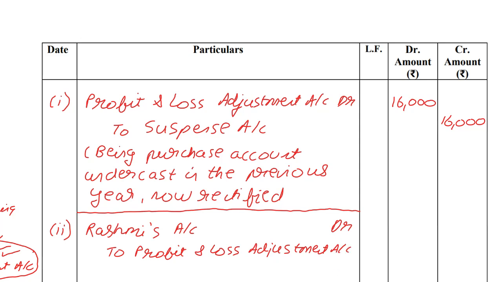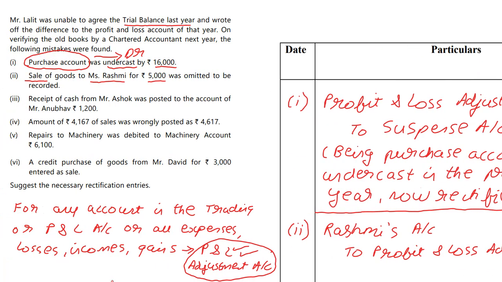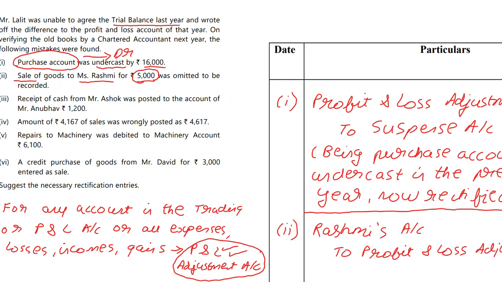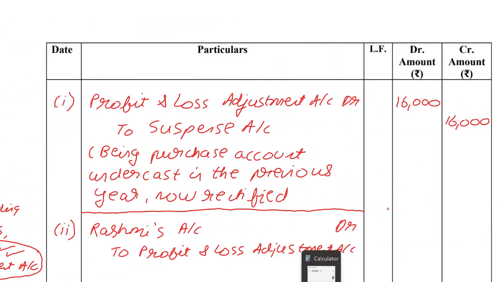Okay, and the amount is 5,000. All right, so I will go ahead and write 5,000 and 5,000.